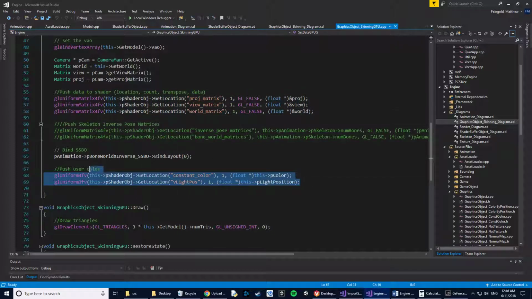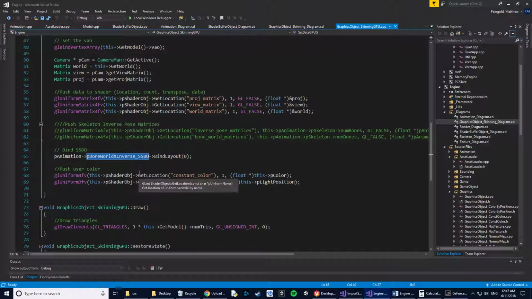I have my lighting information. The only difference is here I'm binding this SSBO that contains the bone world times the inverse pose matrix, so that my skinning equation no longer needs to be bone world times bone inverse pose times the position times the weight. It's just the result from this buffer times the rest.